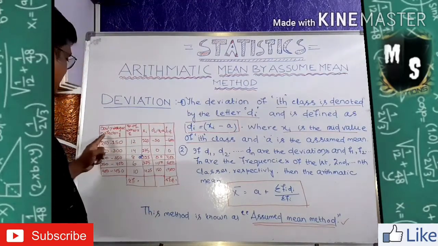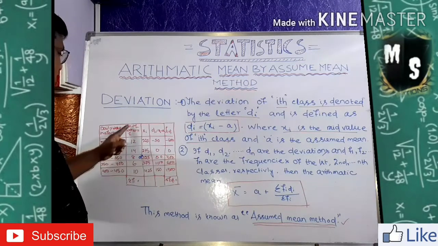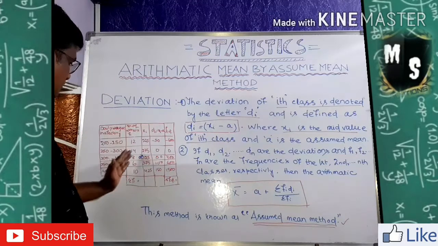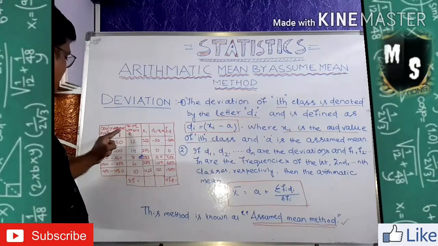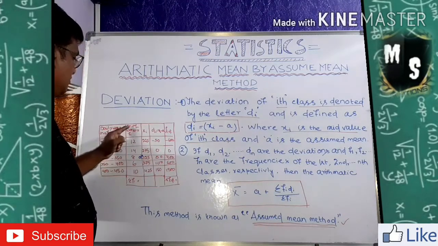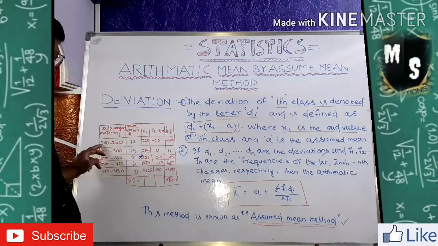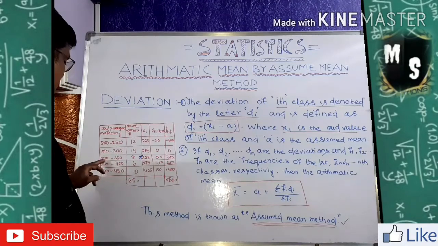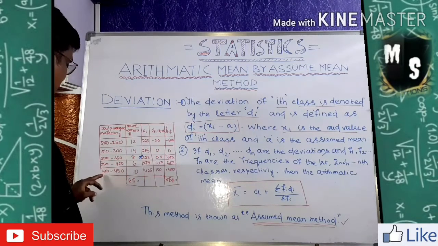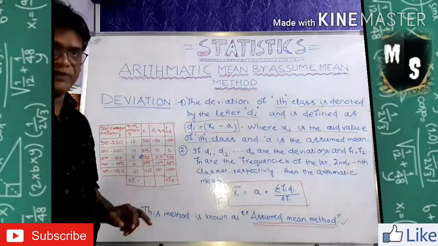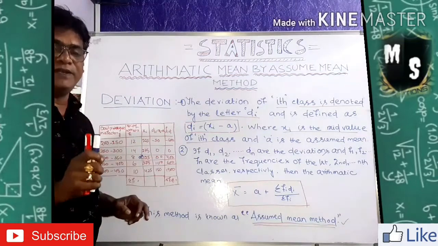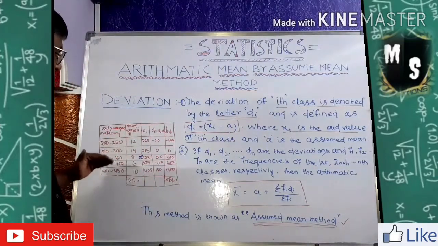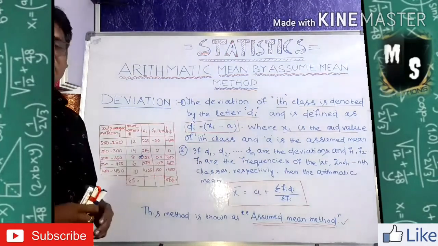The daily wages in a factory and the number of workers are given. The daily wages start from 200 to 250 rupees, 250 to 300, 300 to 350, 350 to 400 and 400 to 450, in a gap of 50 interval. So this is our ith class, that means the class interval, our CI.